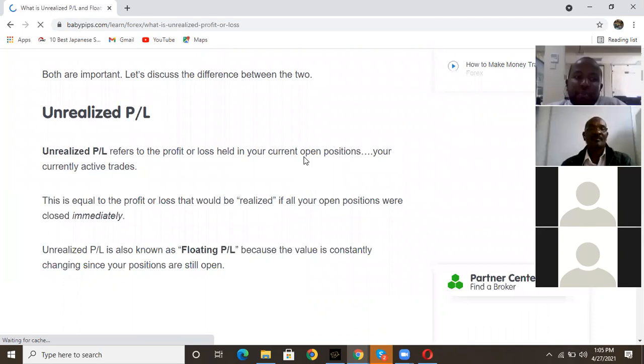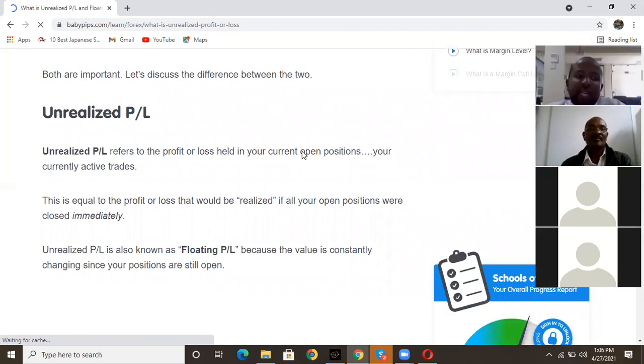So you are actively trading. You can see trades running. That is what we are calling unrealized P&L. This is equal to the profit or loss that will be realized if all your open positions were closed immediately.